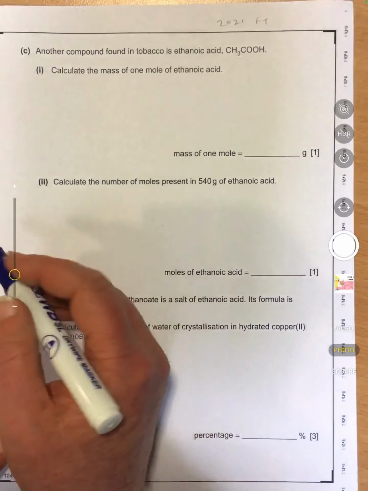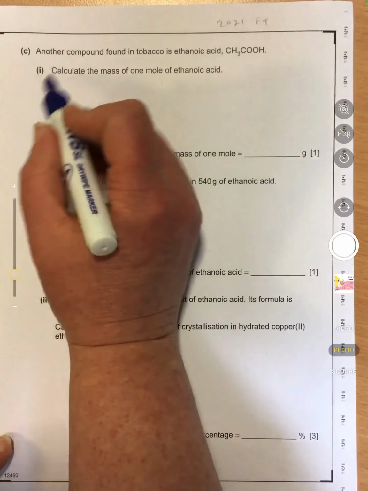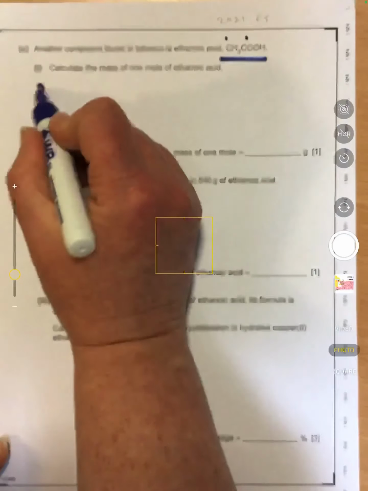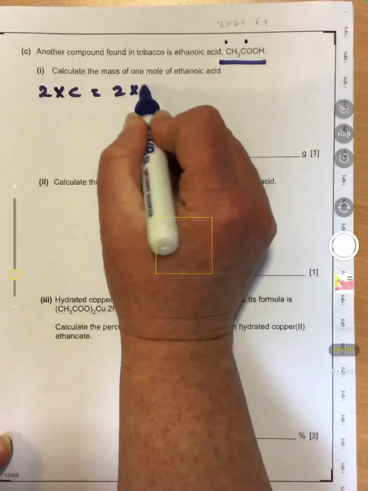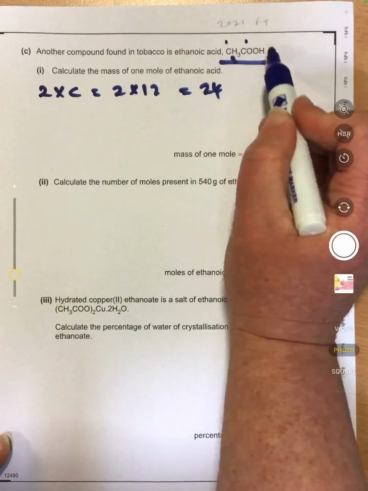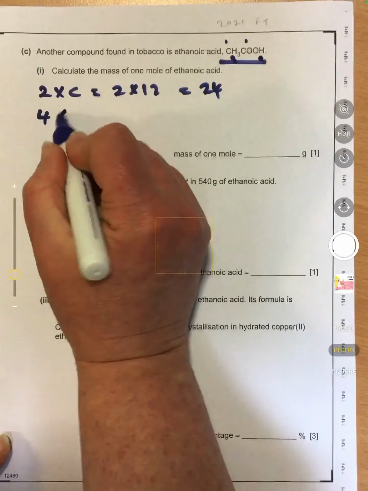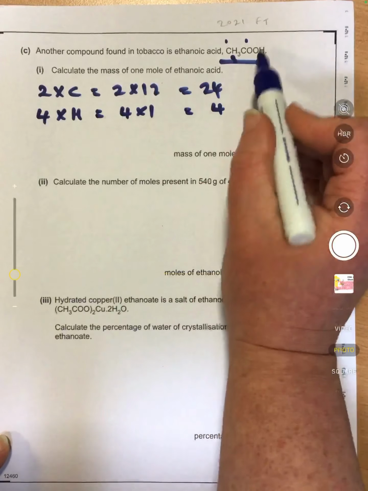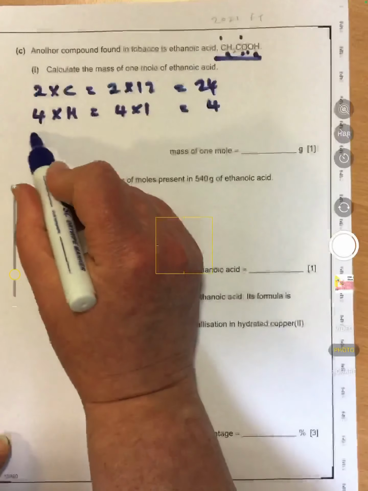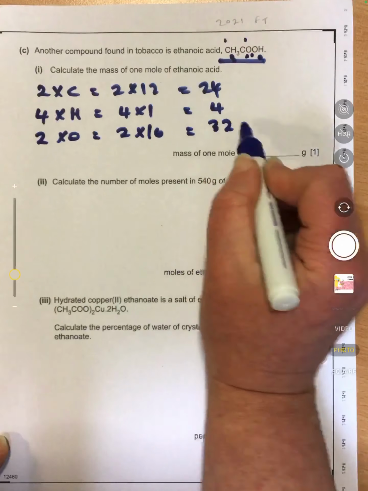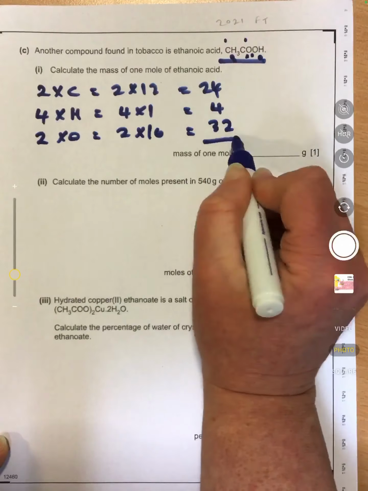CH3COOH. There are 2 carbons here, so that's 2 12s. Then I have 3 hydrogens here and another one here, so that's 4 hydrogens in total. 4 1s is 4, and then in the middle I have 2 oxygens, so 2 16s, which is 32. Add all of those together and I get 60 as my total.